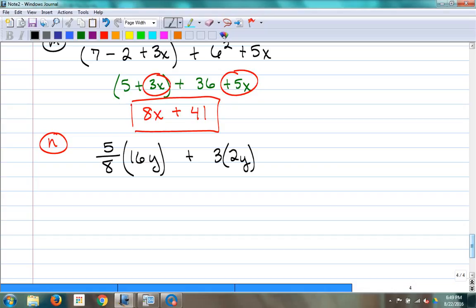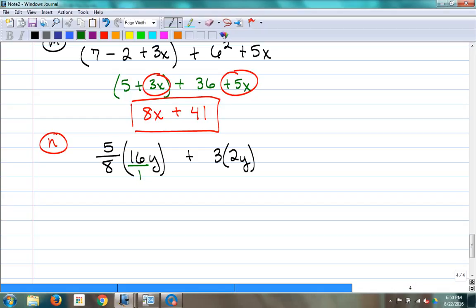So 5/8 times 16, how much is that? Maybe it helps to put the 16 over 1, and then you can multiply straight across if you want to. You could say 5 times 16, and then 8 times 1, and then reduce it. Or, does somebody remember doing something called cross-canceling? Maybe way back when.